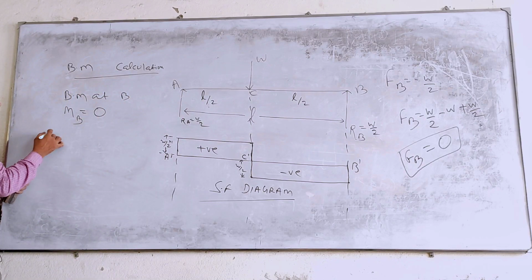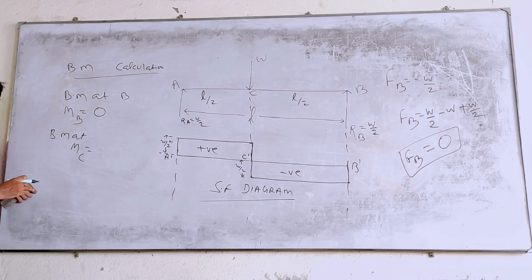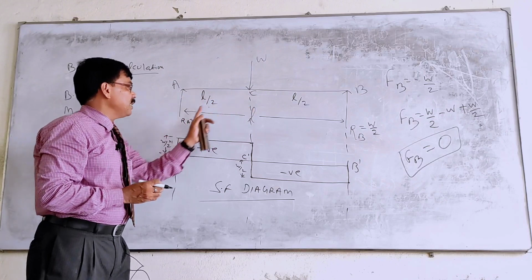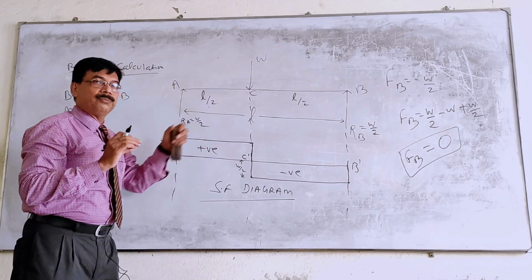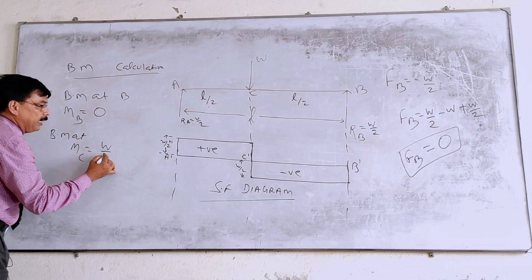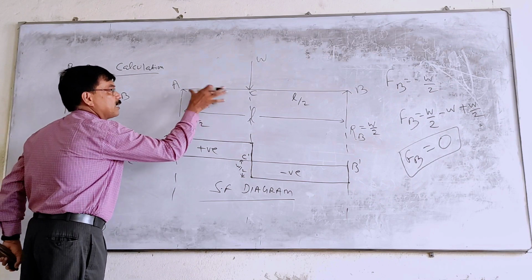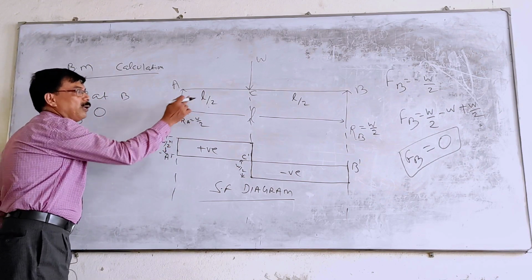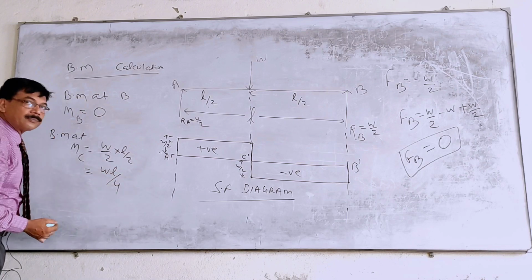Then bending moment at C, that is MC. We are coming from the left. So bending moment at C means W/2, one load, and the distance is L/2. So W/2 into L/2. This is the load and this is the distance. That is WL/4.